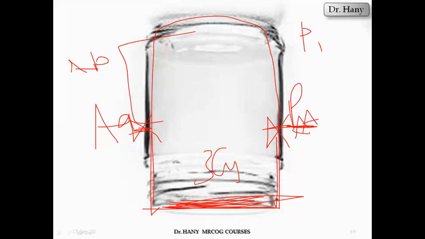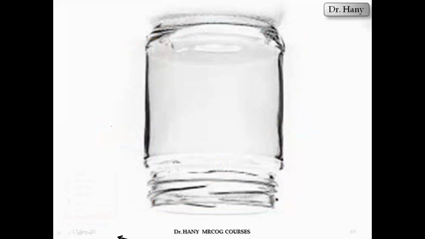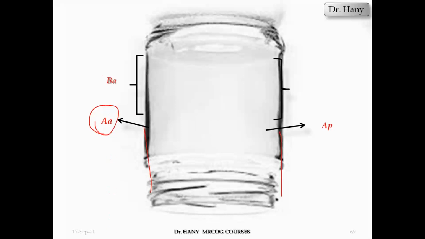This is called the POP-Q quantification system. So 3 centimeters from the hymen is A anteriorly in the anterior wall and A posteriorly in the posterior wall. The remaining part of the vagina will be point B anteriorly and point B posteriorly.